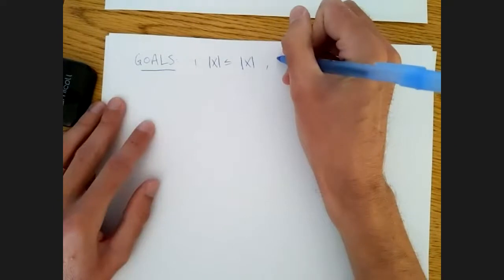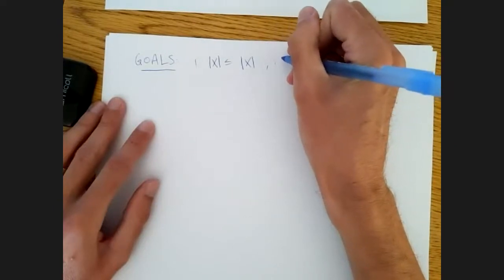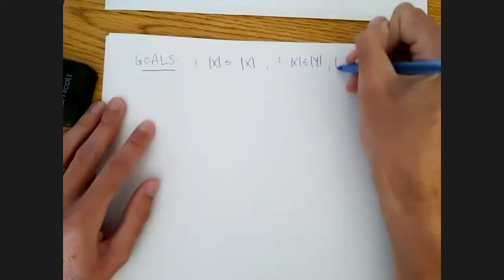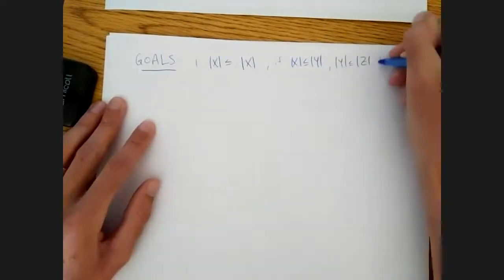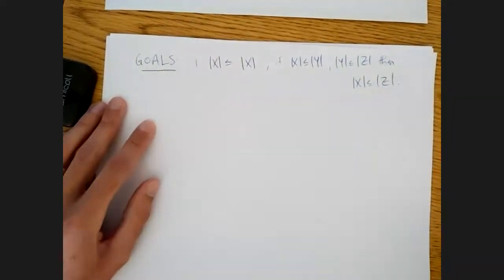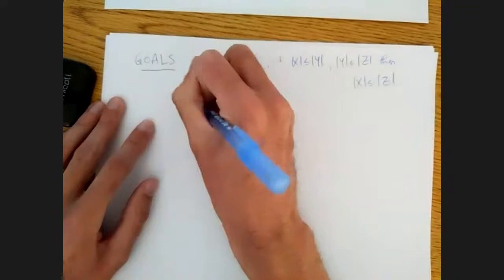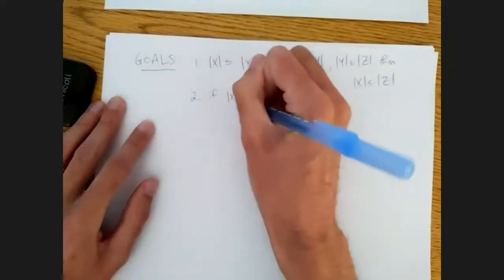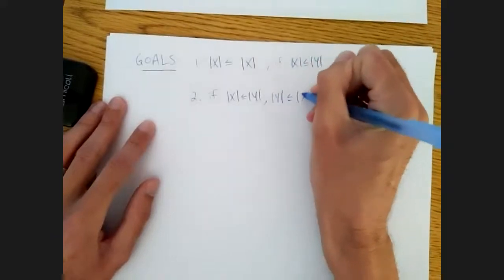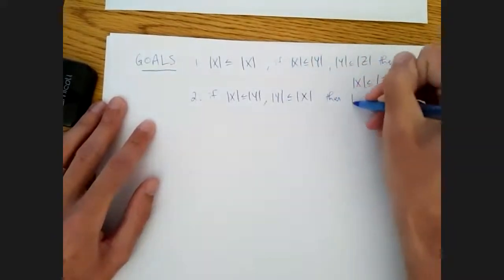Show that if x is less than or equal to cardinality of y, y is less than or equal to cardinality of z, then x is less than or equal to the cardinality of z. And I'll put this as a separate point: if cardinality of x is less than or equal to cardinality of y and vice versa, then they have the same cardinality.